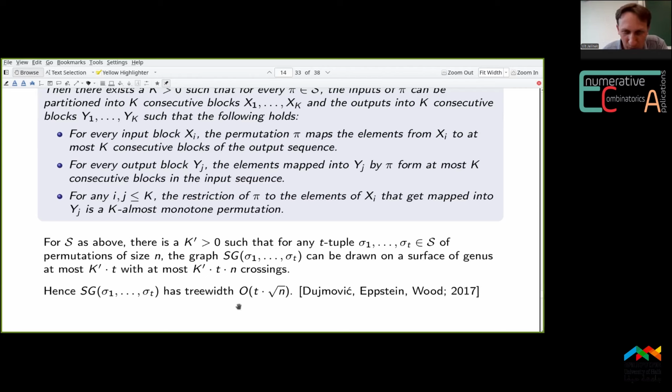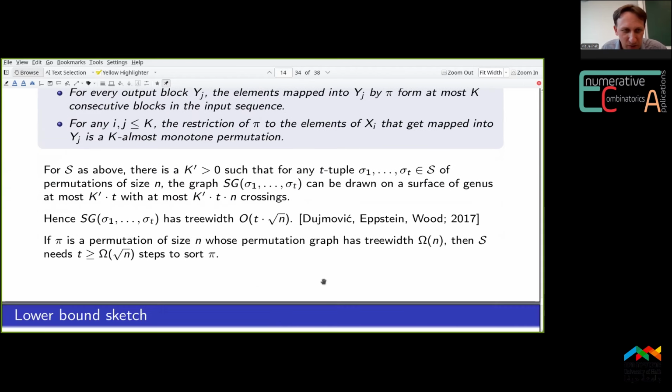Of all this line of research, I will mention the most immediate result that we depend on here, which is due to Dujmovic, Epstein, and Wood, which exactly says what I need to use here, namely that if you have a graph drawn on a surface of bounded genus with a bounded number of crossings, then there is a formula or an upper bound on tree width, which looks like this. And that's exactly what I need for my purposes, because remember what I told you a while ago.